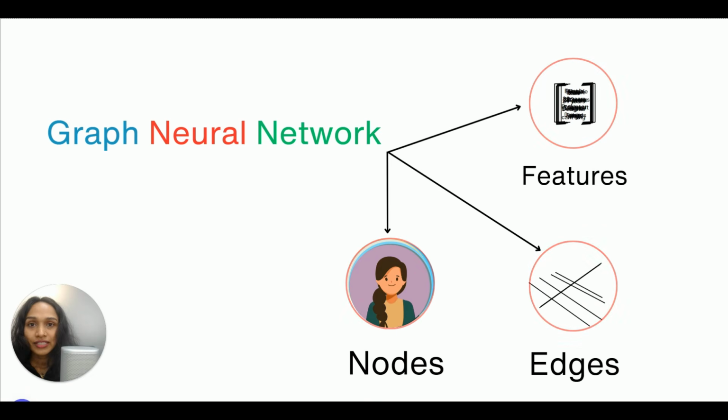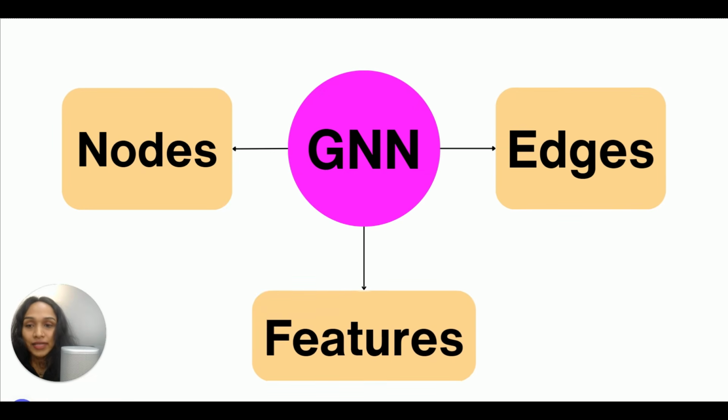So a graph neural network basically consists of these nodes, edges, and features. There are many more things, but let us keep this simple for now.